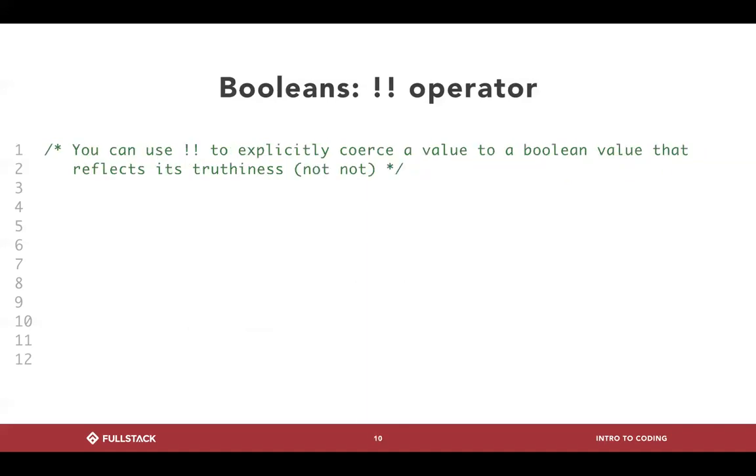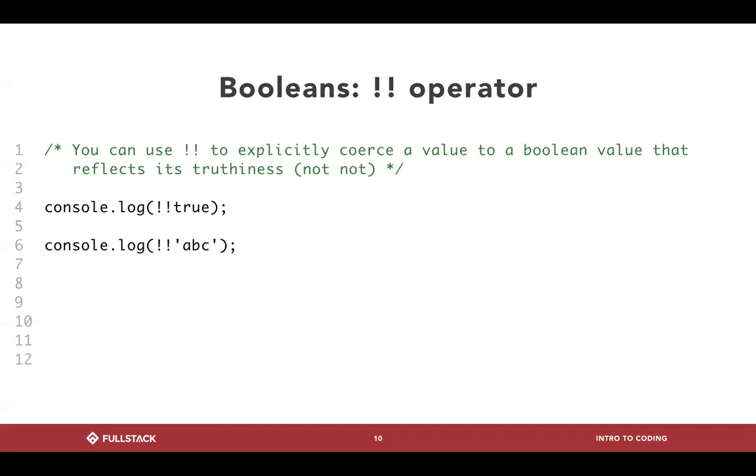The double bang operator, the double not, can explicitly coerce a value to a Boolean value that reflects its truthiness. It's like flipping it to its opposite and then flipping it to its opposite again. So in this case, not not true will coerce it to false and then back to true.